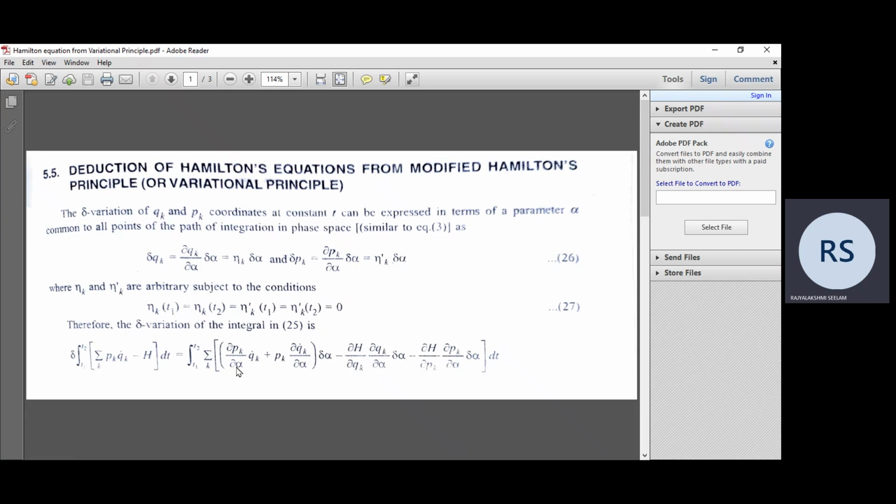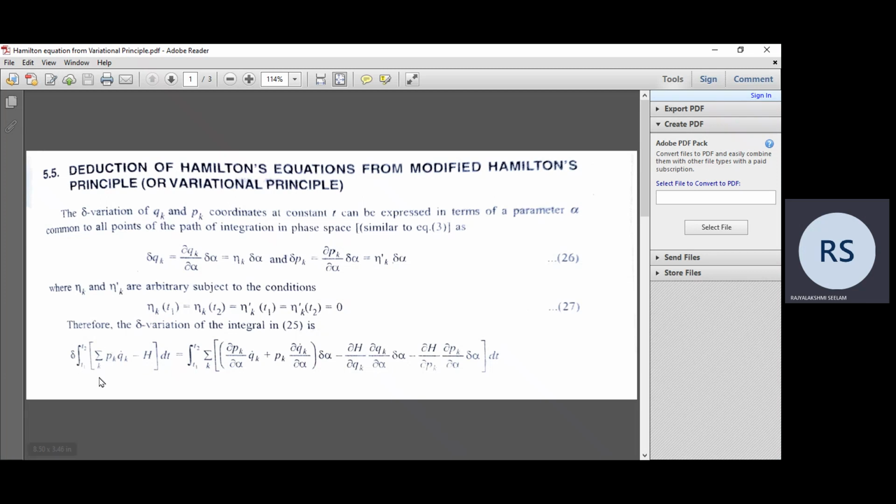So therefore the delta variation of the integral. Here this is the modified Hamilton's principle, which is delta integration t1 to t2 sigma k pk q dot k minus H into dt, which equals. So here we can expand this equation.